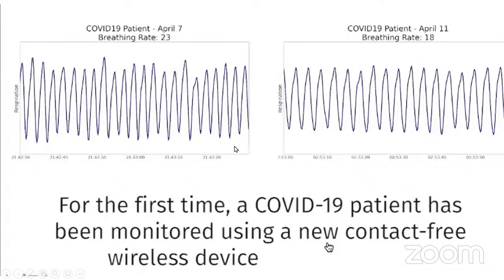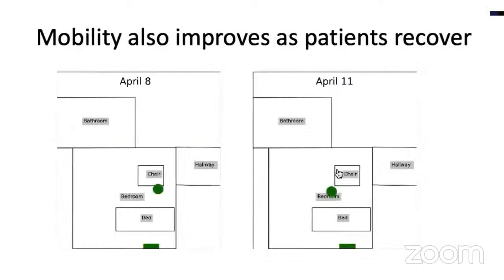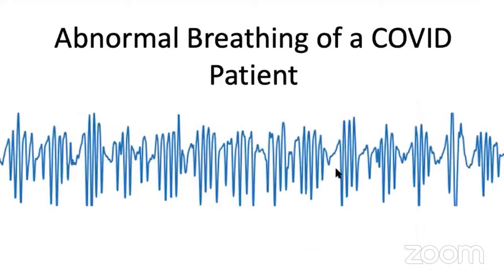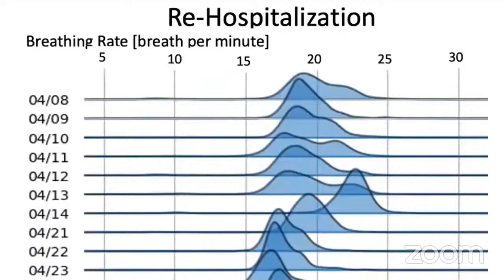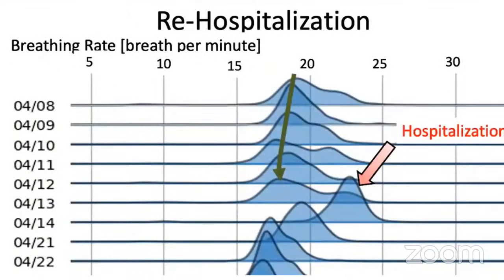As we said, a COVID patient is a patient with an irregular breathing pattern. I will show you in this example. Look at this person. These are the dates where we are measuring his breathing pattern, like 8th of April, 9th of April, 10, and so on. We notice a similar pattern from 8th of April up to 13.